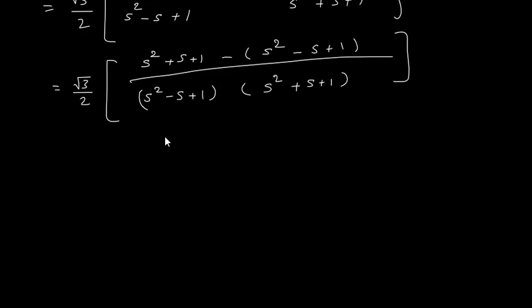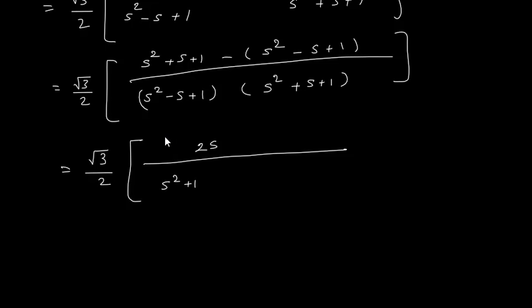Now if you open this bracket, this s square will cancel. This is plus s and then minus 1. So s plus s is 2s divided by, what I can say is that this is s square plus 1 minus s.